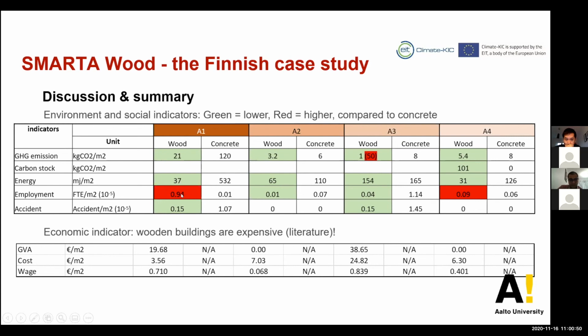So basically, all of this we found is green, but for employment, we found it is a little bit higher, or sometimes a lot higher compared to concrete. If there is higher employment per square meter, that means higher cost, and we also see in the literature that wooden buildings are expensive.